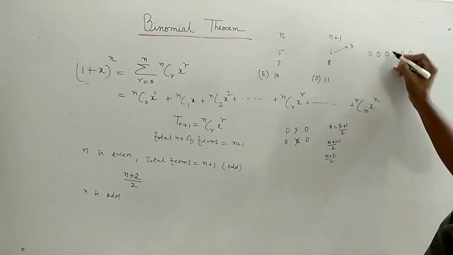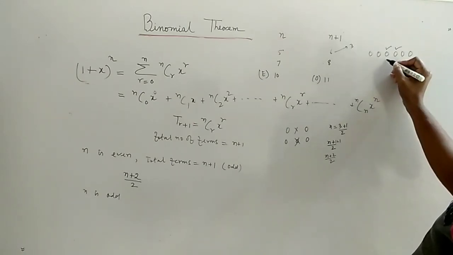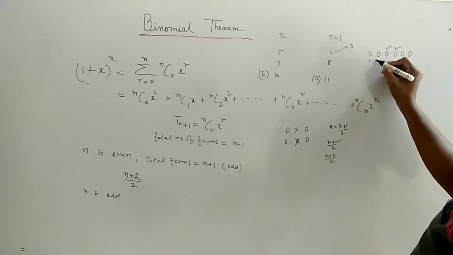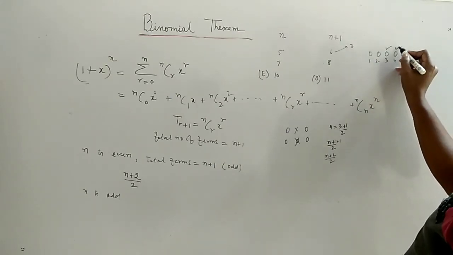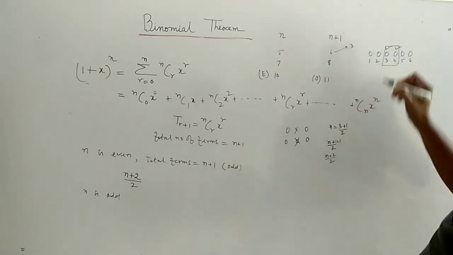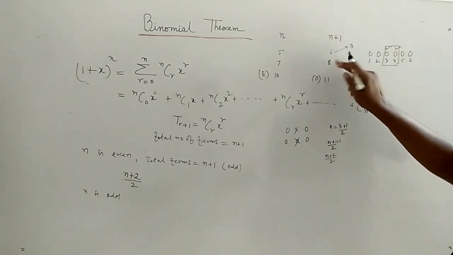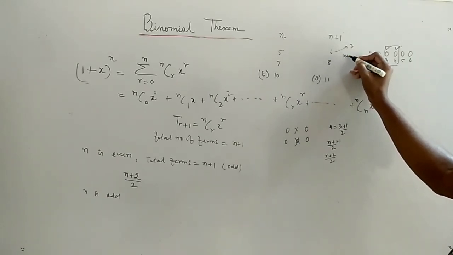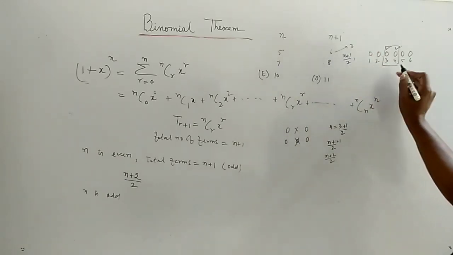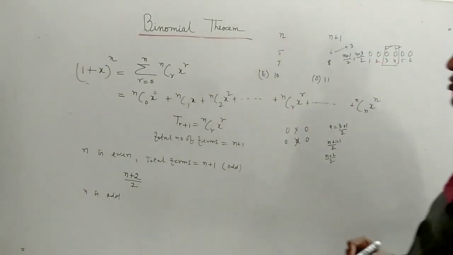The third and fourth are the middle ones. Here n plus 1 is 6, so you can write n plus 1 by 2, and to get 4, you can write n plus 3 by 2.